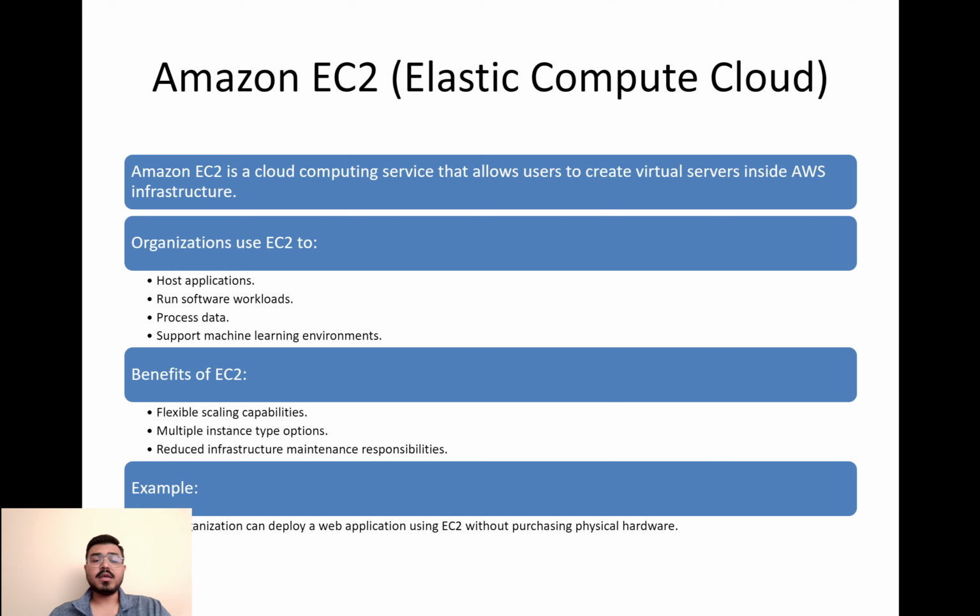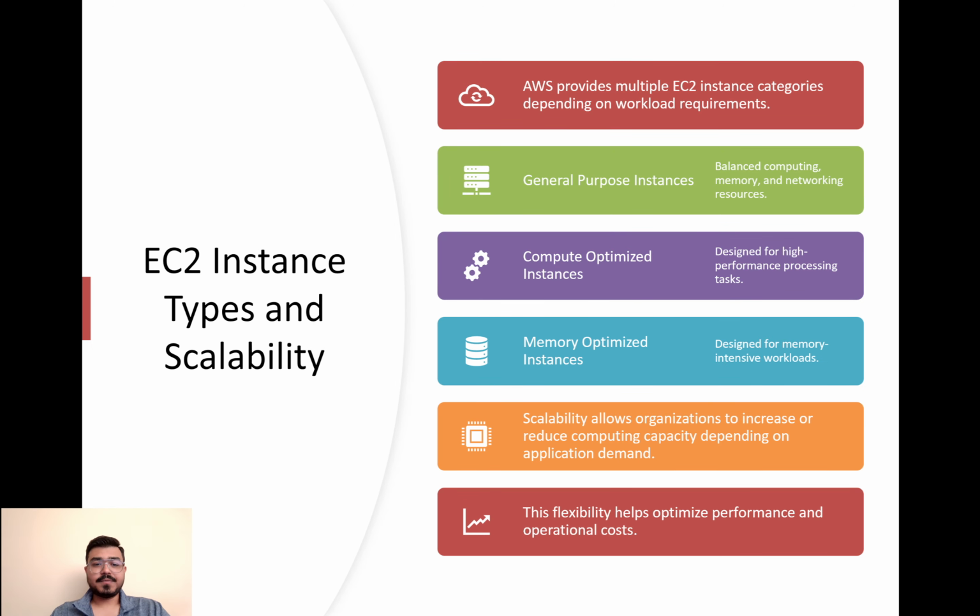AWS manages the underlying hardware so organizations can focus more on applications and business operations. For example, a company can deploy an online shopping website using EC2 without purchasing physical servers. This improves flexibility and reduces infrastructure complexity. Let's move to the next slide.